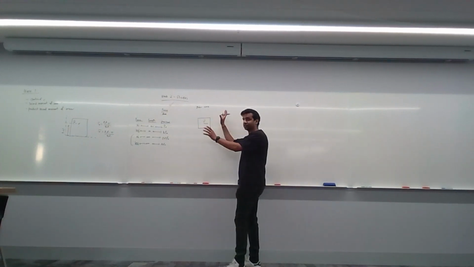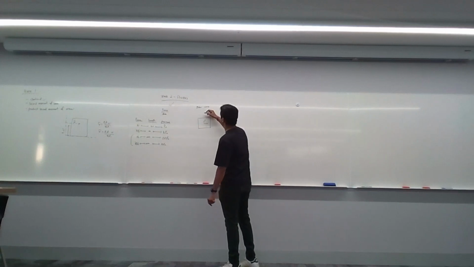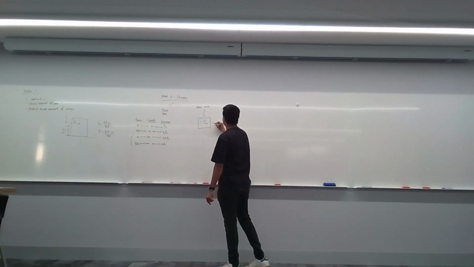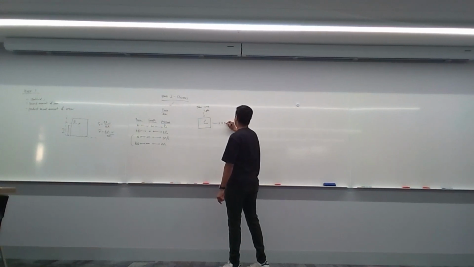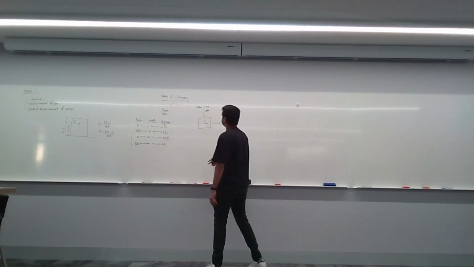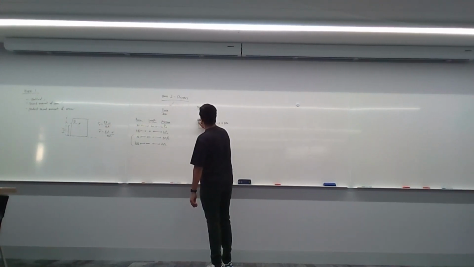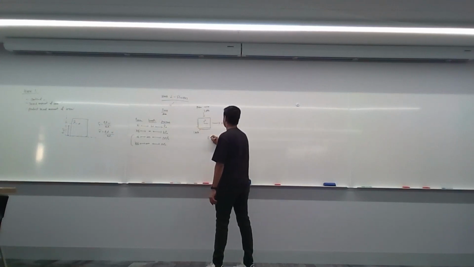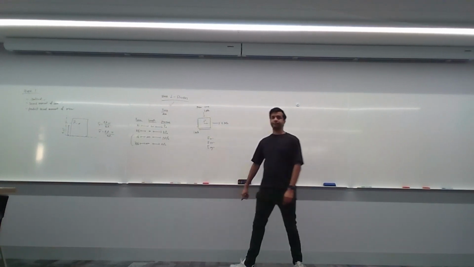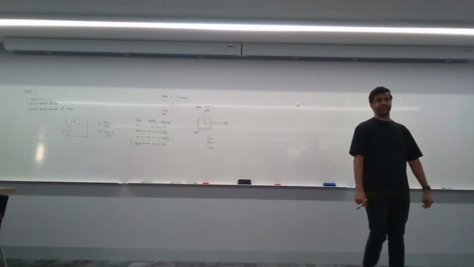So imagine you have a stress block that looks like this, and these are the stresses on it.